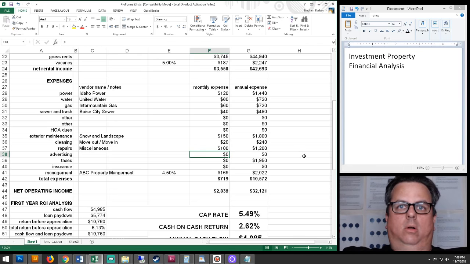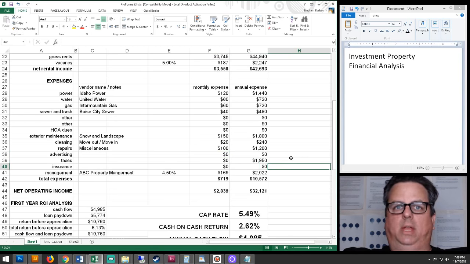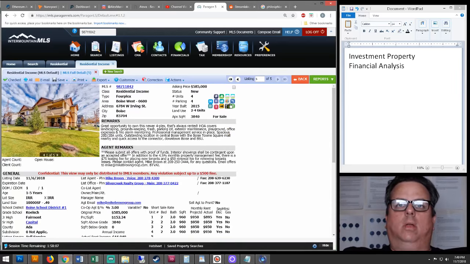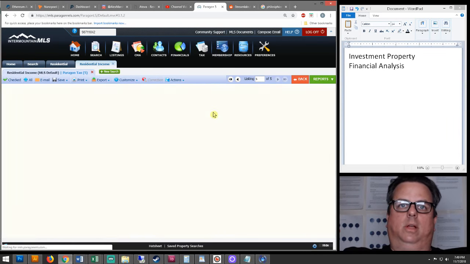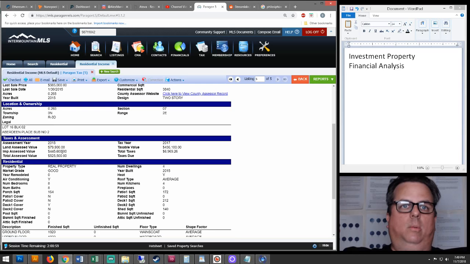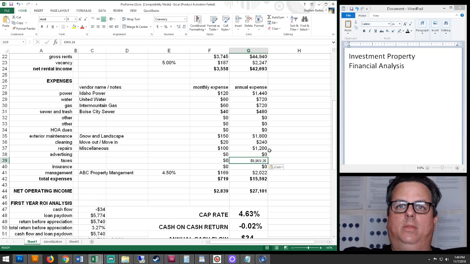Advertising, we'll say none. The property management fee can take care of that. Property taxes is an annual expense, which is why that number is there. We can get that number from the tax record. We'll click on the T for the tax record, and we'll see that taxes are 69.26, and so we will put that there.